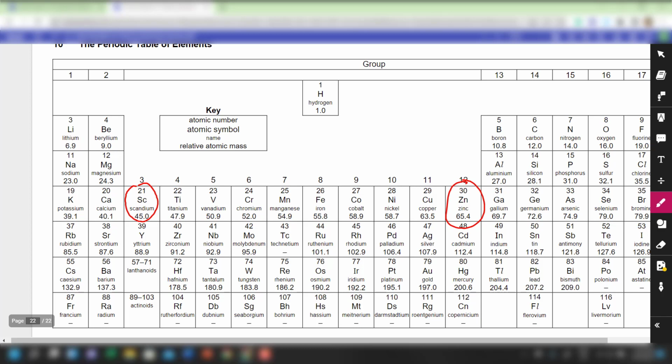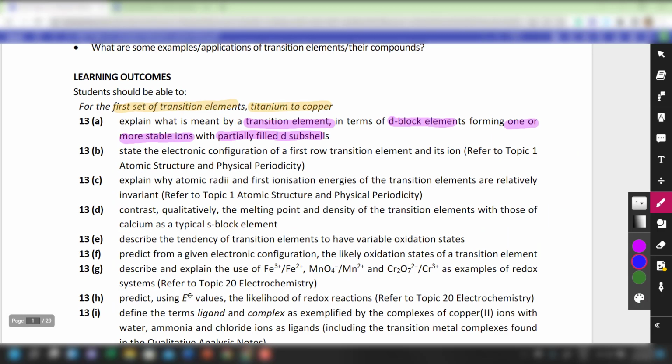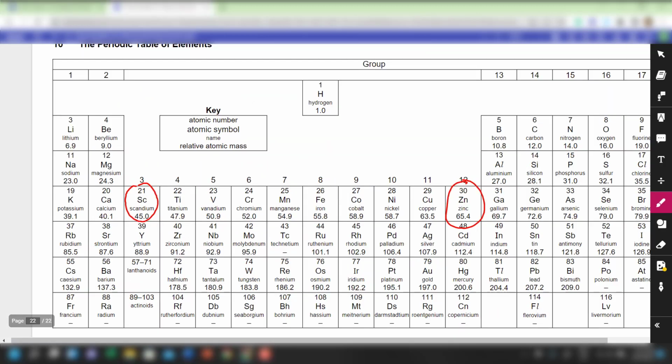The zinc chemistry which you are aware of is usually zinc 2+. Zinc 2+ has the electronic configuration argon followed by 3d10, which means it has a filled 3d subshell. So again, it doesn't qualify zinc to be a transition element. That is why, based on this definition from your learning outcome, only titanium all the way to copper, these 8 elements, qualify to be transition elements.